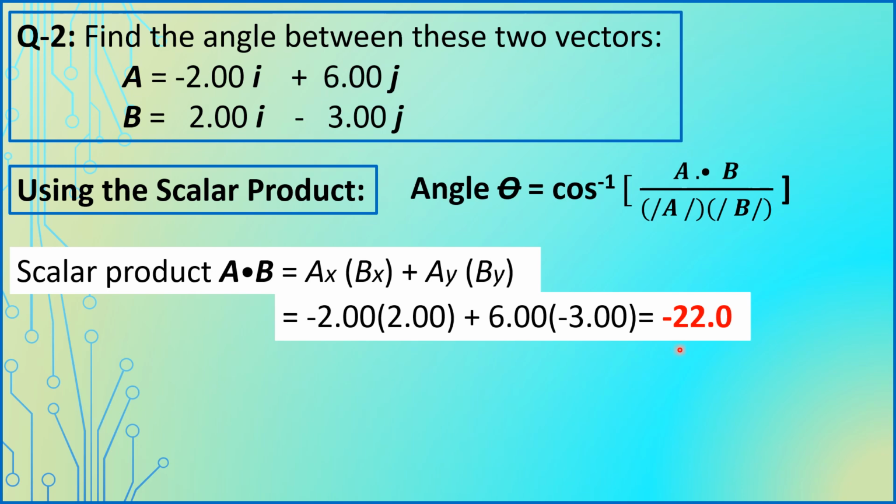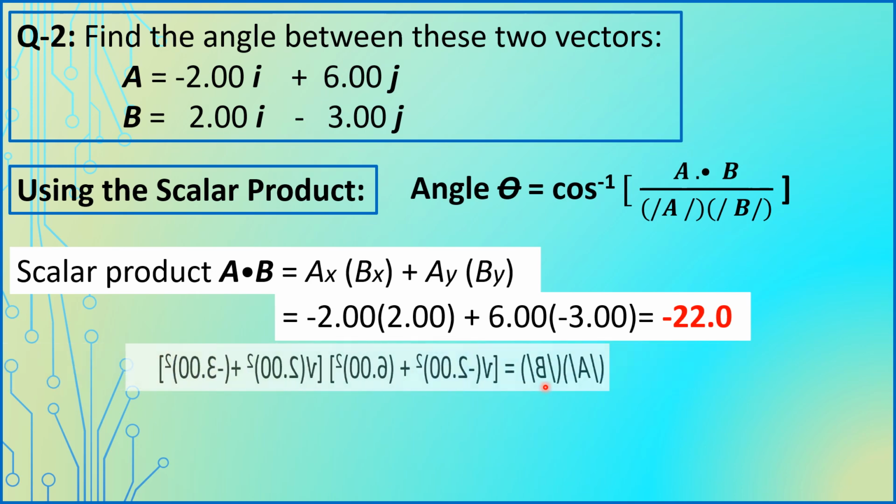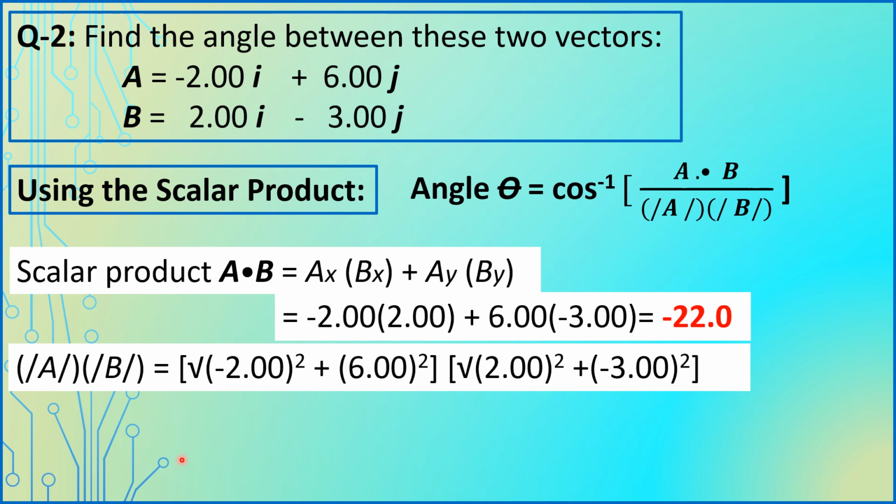Next is to determine now the product of the magnitudes of vector A and vector B. So when we say magnitude of vector A, the formula is to get the square root of the square of its x component plus the square of its y component.